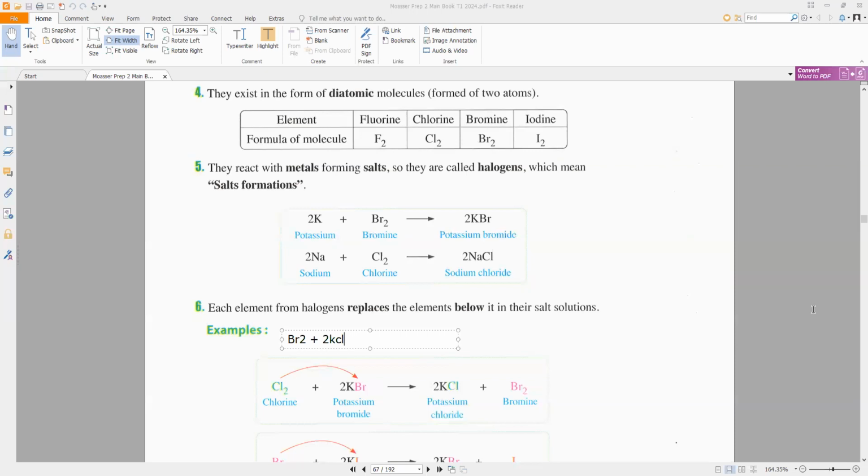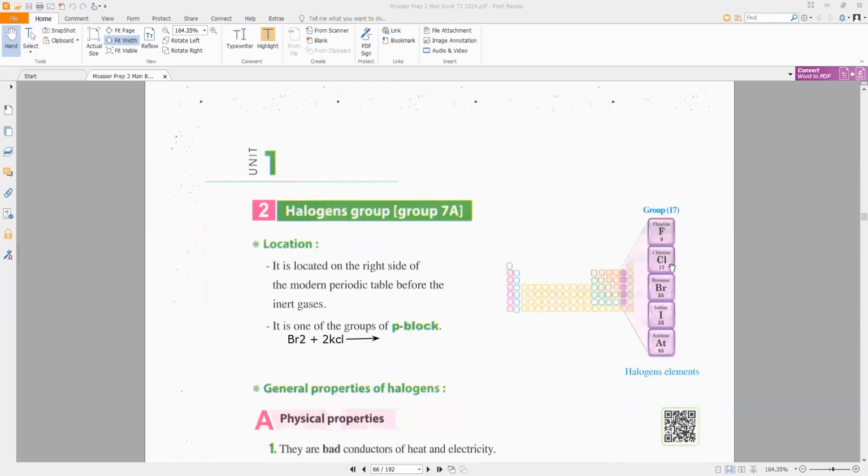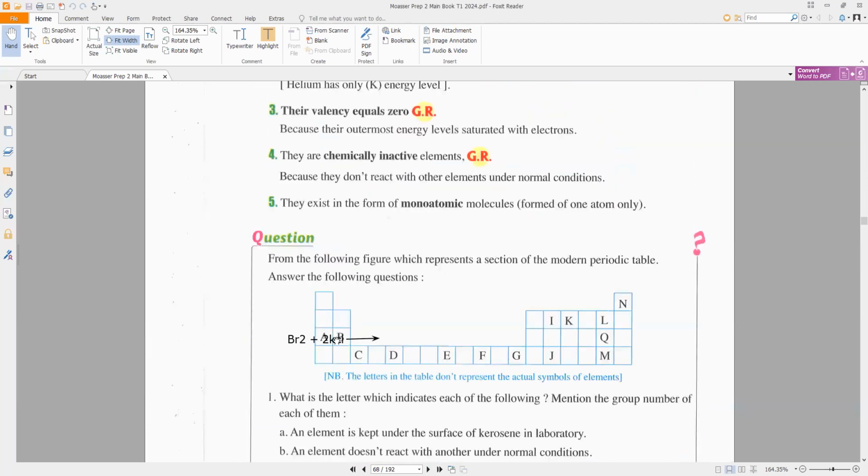We see its activity: chlorine is more active than bromine, because the activity decreases as we move down. So can bromine replace chlorine? No, because it's less active than it.